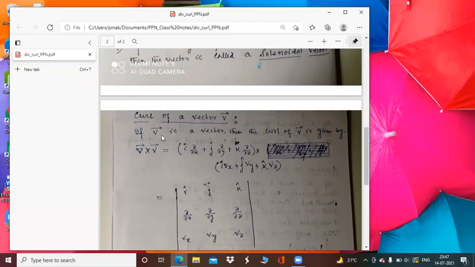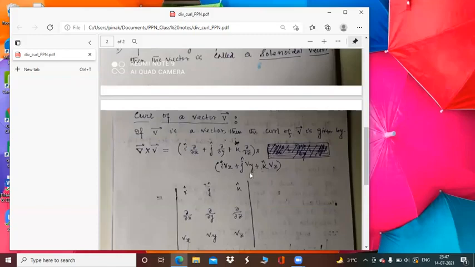And the curl of the vector v bar is given by del operator cross v bar, and that is equal to i cap del x plus j cap del y plus k cap del z. That means we are writing del bar as i cap del x plus j cap del y plus k cap del z, and the whole thing cross i cap vx plus j cap vy plus k cap vz, that is v bar.